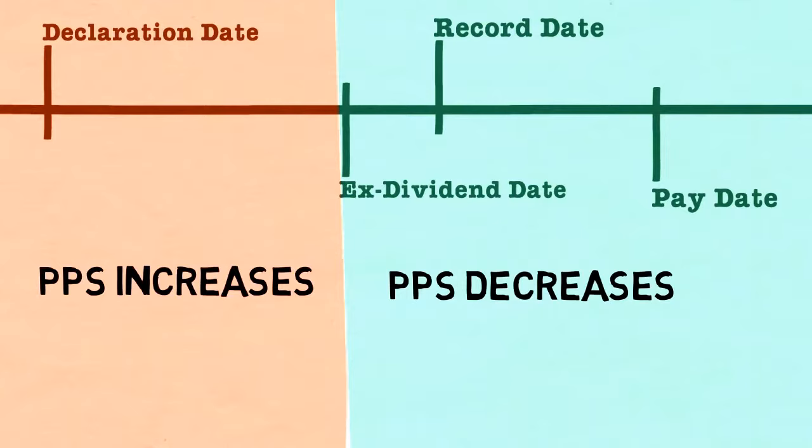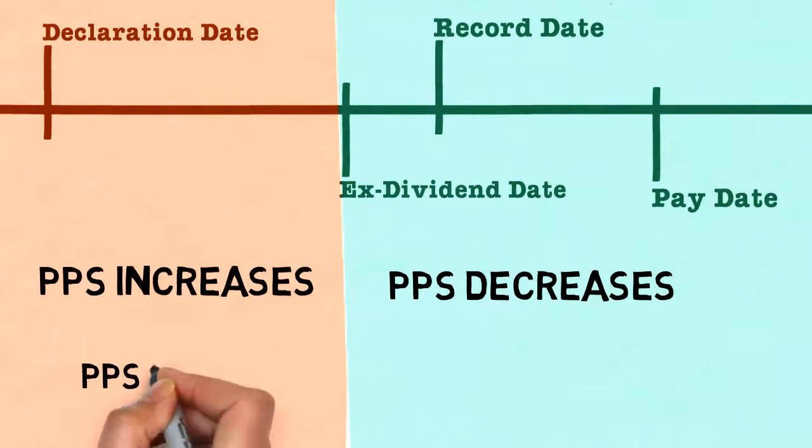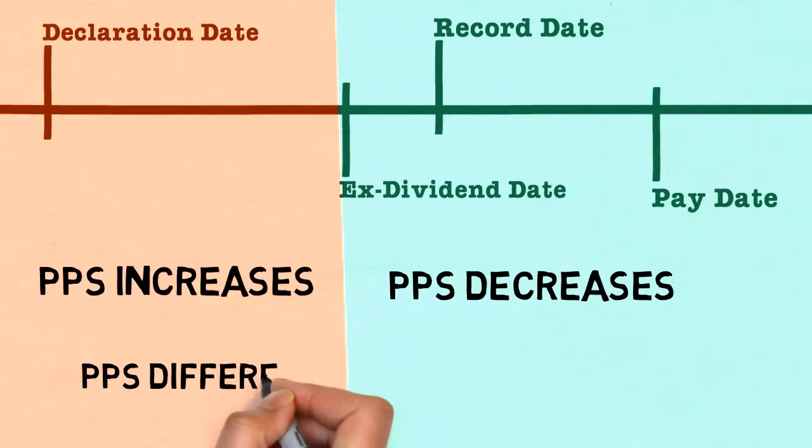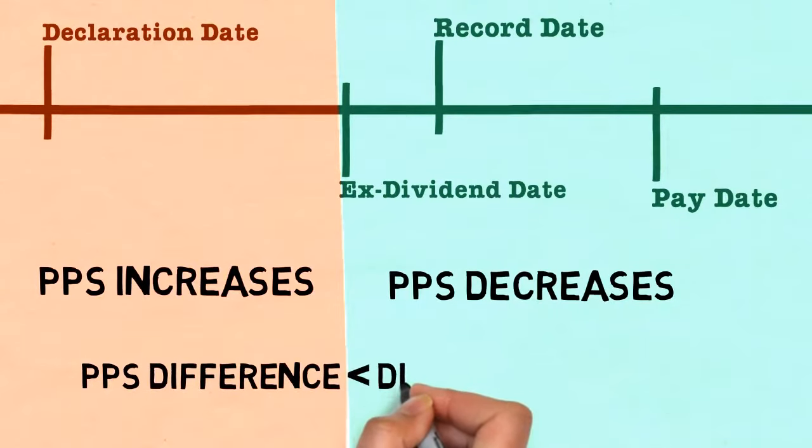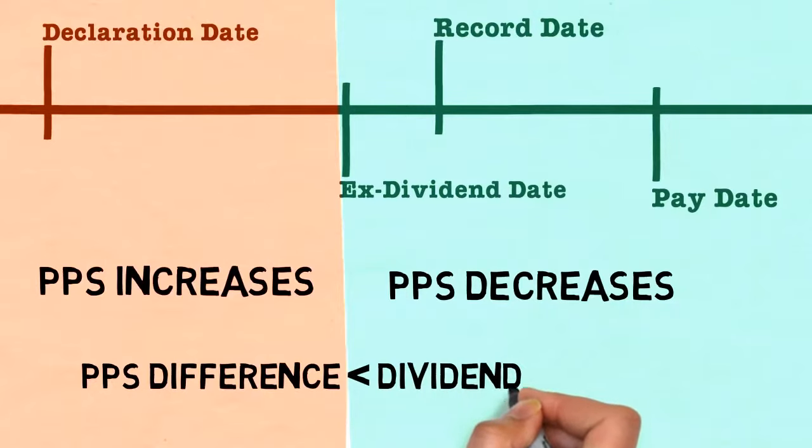Now, the whole premise of dividend capturing, of that strategy, is that you don't think the fluctuation in price will be as important as what you will receive in the form of dividend. Now, I'm just going to give you an example here. Let's say a stock is trading at $10 and it's going to pay a 10-cent dividend.